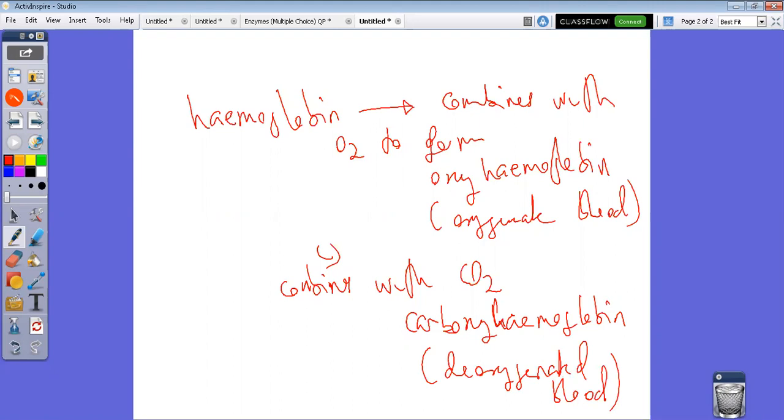Clear? Is that making sense? How do you spell carbon, whatever? Carboxyl. Sorry, X-Y. Then hemoglobin. Okay. Clear? Yeah. Makes sense now.